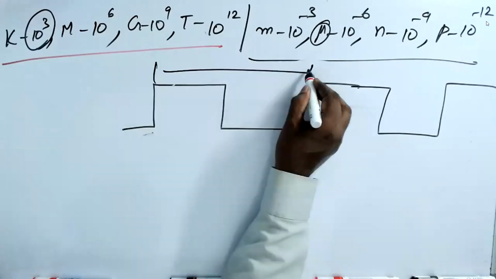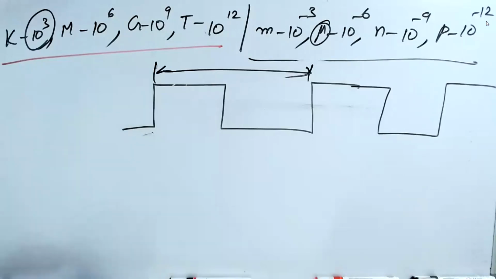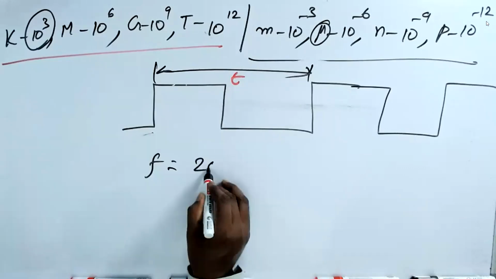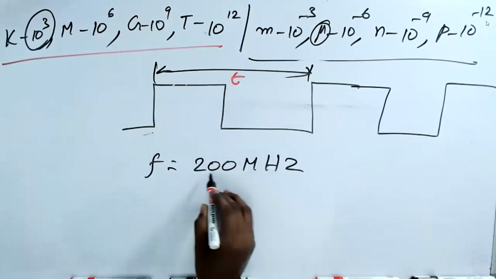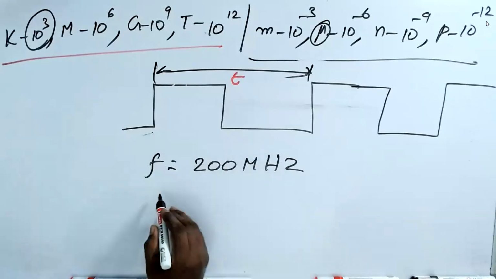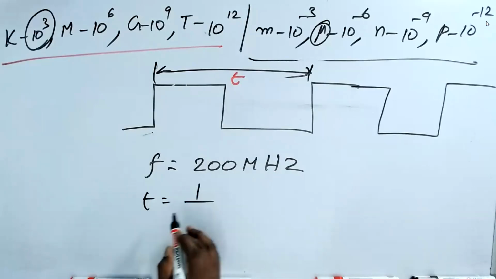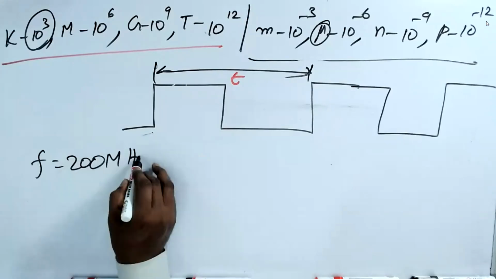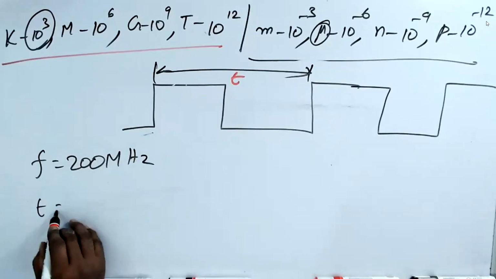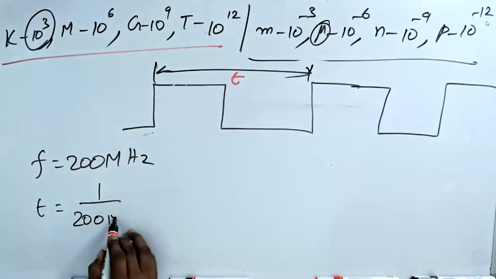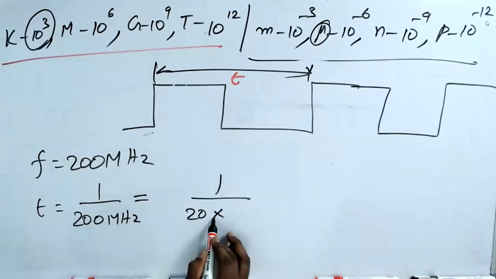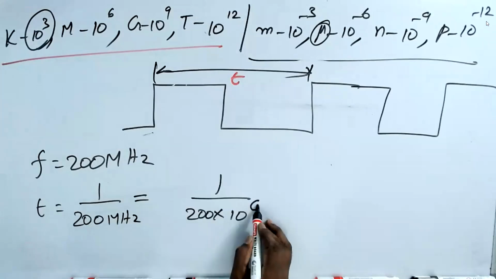This is called T, total time. If I say that F is equal to 200 megahertz, that means T is equal to 1 by 200 megahertz, equal to 1 by 200 into 10 power 6, because mega means 10 power 6.